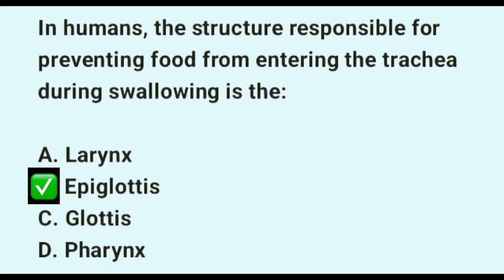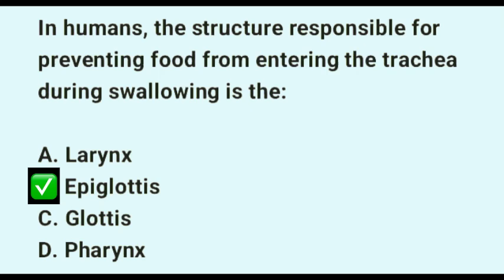Epiglottis. When swallowing, the epiglottis acts as a protective flap that closes over the trachea. Don't forget, the trachea is the windpipe that leads directly to the lungs, so food and liquids are directed into the esophagus and not to the lungs, thereby preventing choking.